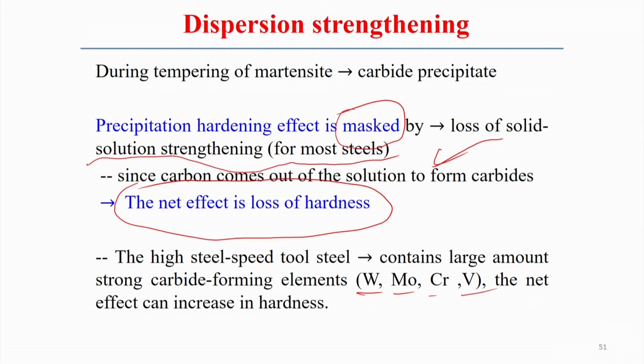So in high speed steel the net hardening effect is positive, but in normal carbon steel the net effect is sometimes a loss of hardness due to the two opposing effects of hardening.